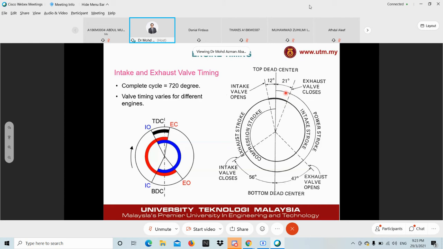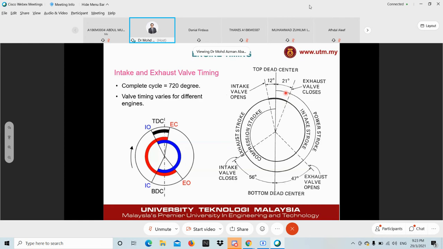So when the fresh air goes inside the combustion chamber, it assists the exhaust gas to be expelled out through the exhaust valve. This is what they call scavenging. Because there's a very large difference of pressure between the in-cylinder and the outside of the cylinder.